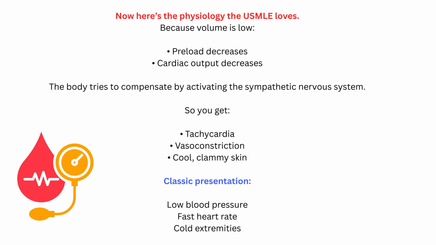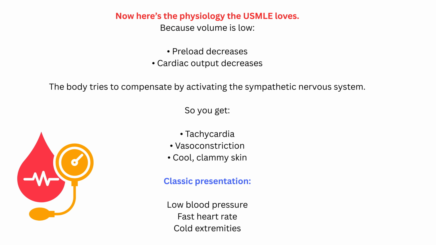Now here's the physiology the USMLE loves. Because volume is low, preload decreases, cardiac output decreases. The body tries to compensate by activating the sympathetic nervous system. So you get tachycardia, vasoconstriction, cool clammy skin.